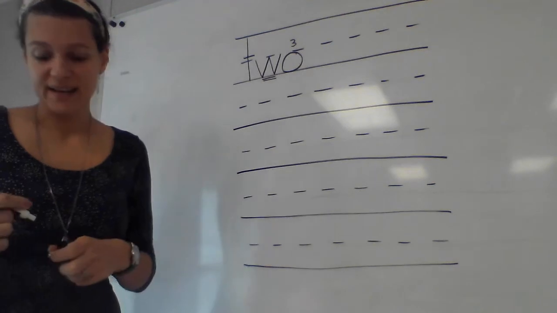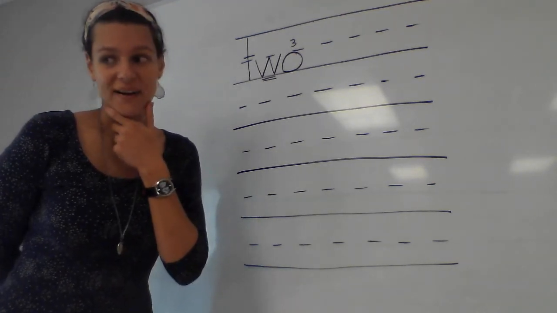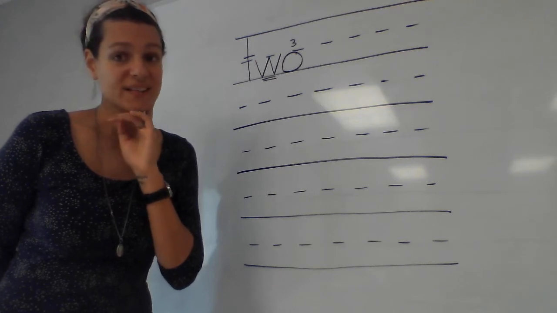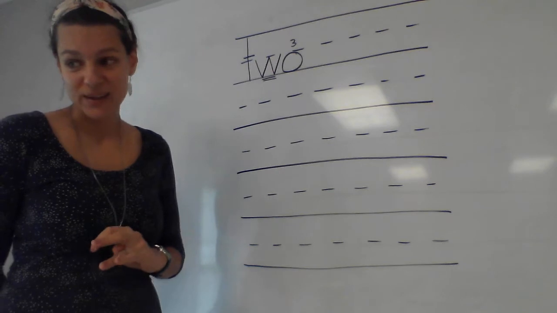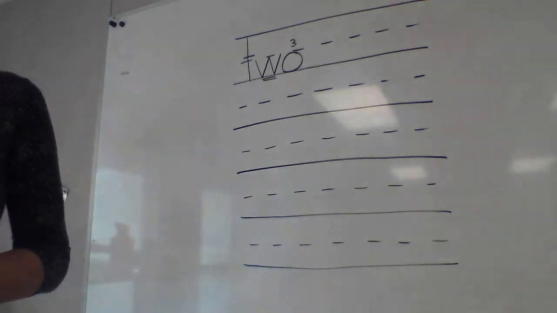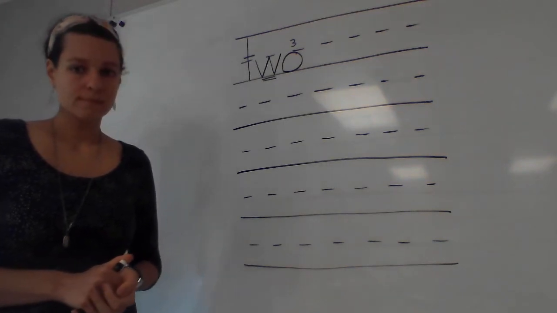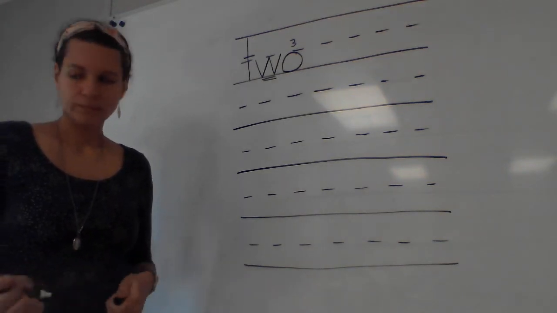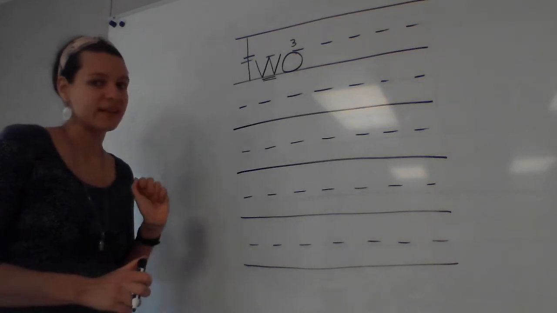All right, the next word is twin. All right, that's a basic code word. There's nothing tricky in there, so I think you can write that all by yourself. Say the sounds while you write them. All right, when you're finished with that, put your pencil down.